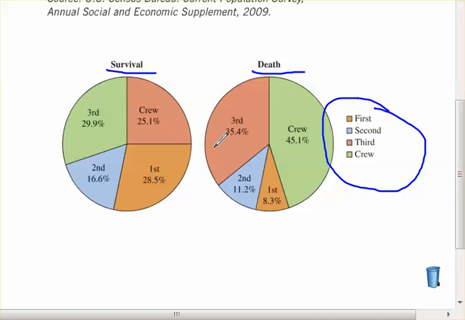So these are people who survived and then people who died on the Titanic. And this first, second, third is class: first class, second class, third class, and then, of course, the crew. So very, very interesting that we can pull out that kind of information and look at it in a circle graph form.